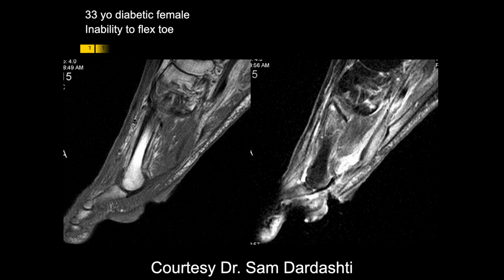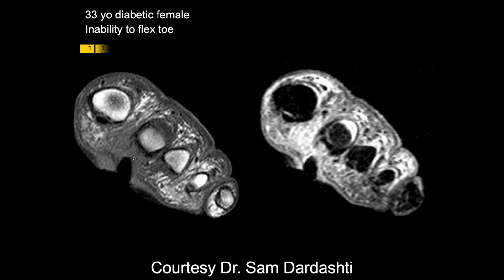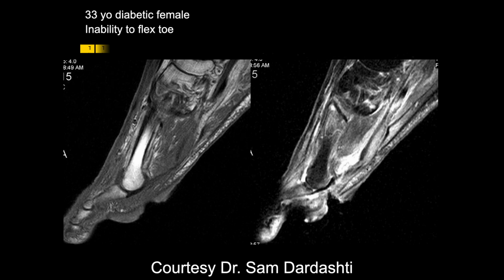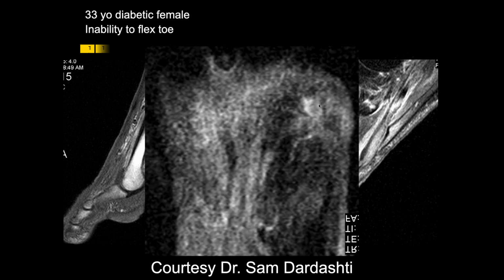So what's this thing right here? Is that the flexor hallucis, or is that the plantar plate? Yeah, this is the second digit here. So is that a flexor tendon that's ruptured and retracted proximally, or is that part of the plantar plate?